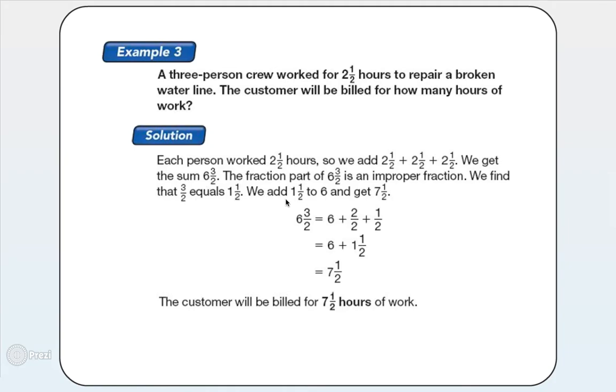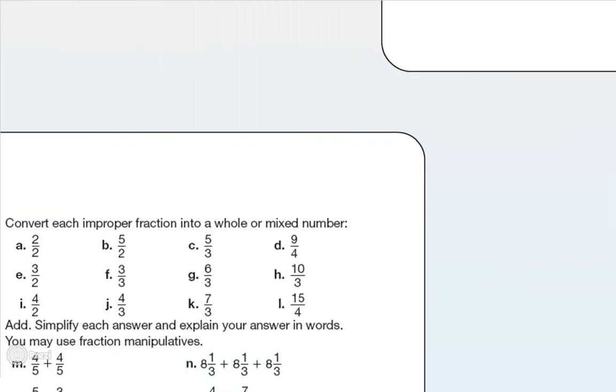So we add the 1.5 to 6, and then we get 7.5. If we break 3/2 down into 2/2 plus 1/2, then we find that 2/2 is 1. So 6 plus 1 is 7, and then we have 7.5. The customer will be billed for 7.5 hours of work.